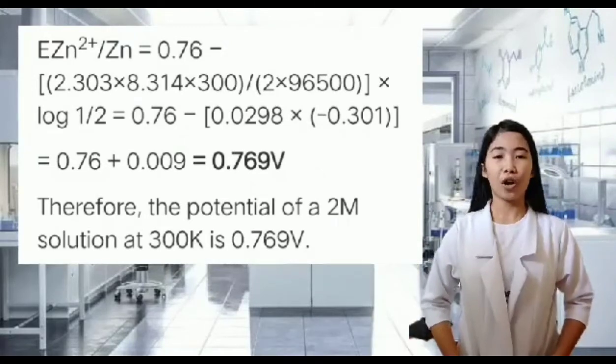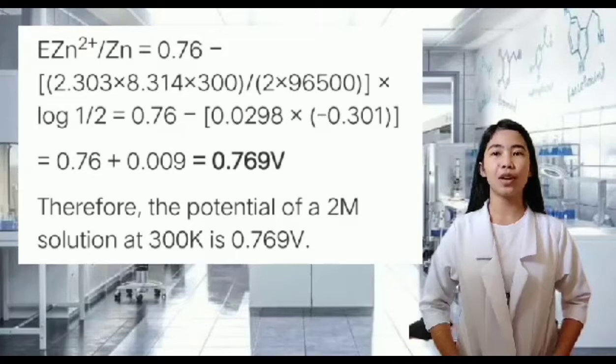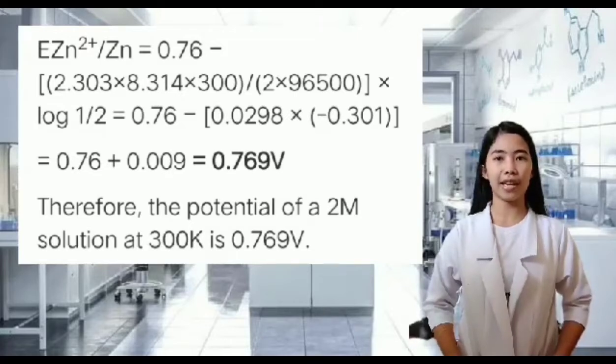So, therefore, the potential of a 2M solution at 300 K is 0.769 volts.